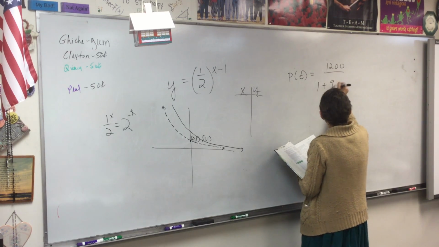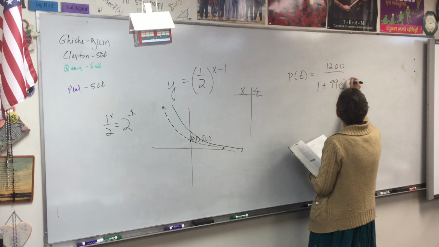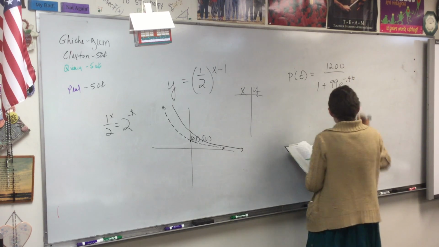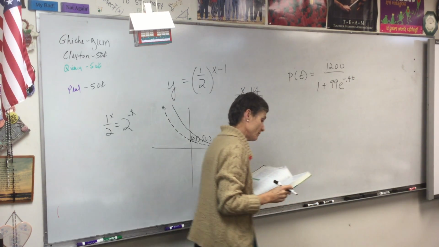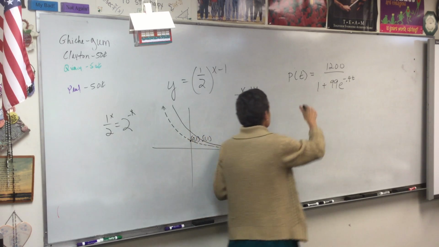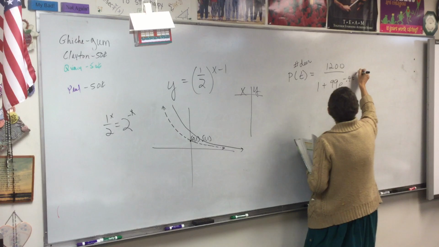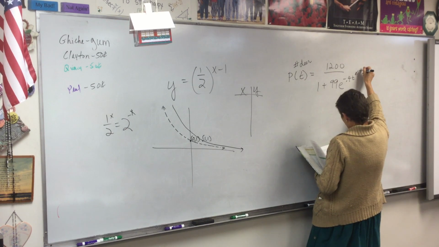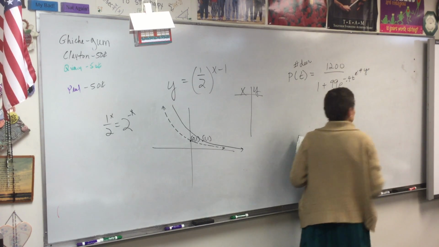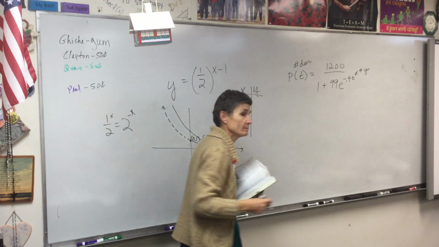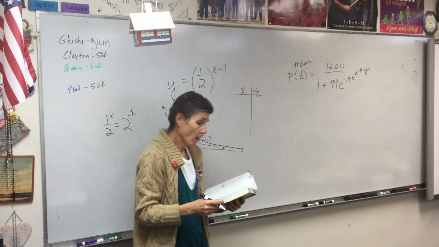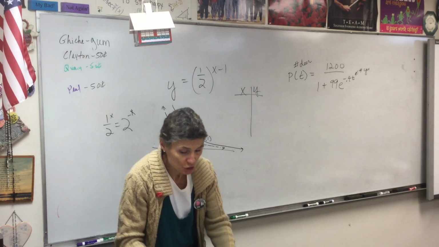Yep, the equation is given. There's the equation. It gives the number of deer. So this is the number of deer, and this is the number of years. Tells me that. You can all read. Nothing hard about that. What was the initial population of deer?